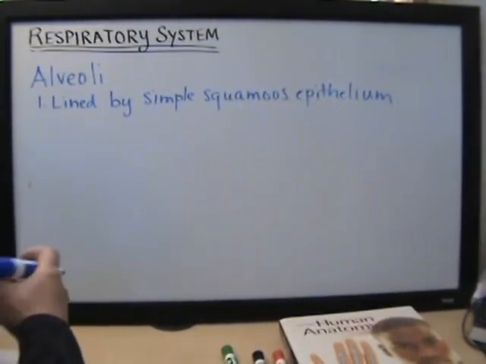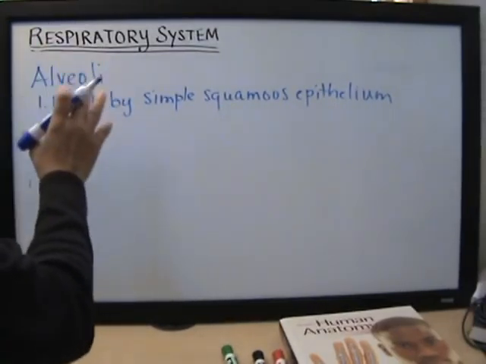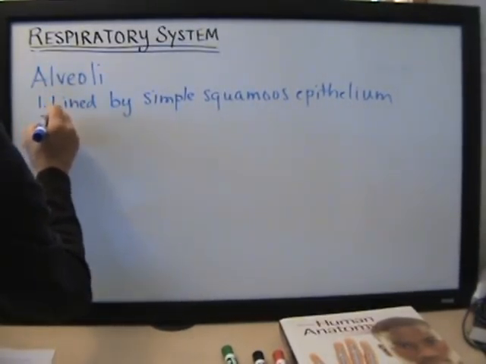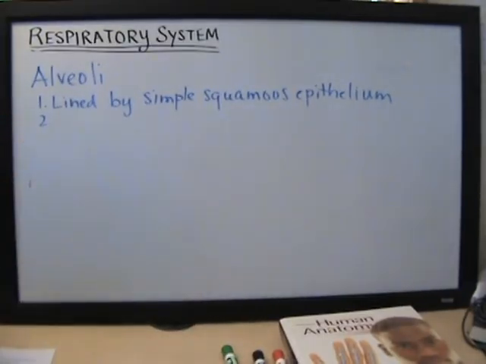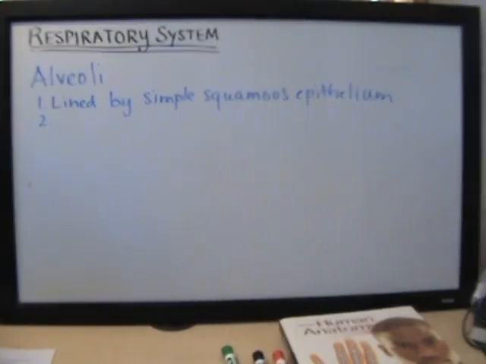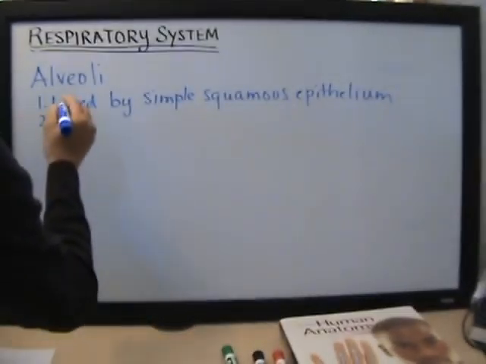There's a great network of capillaries around the alveoli, which you would expect because you have to exchange gases with the blood. And so it's really made for that purpose. There are about 300 to 400 million alveoli per lung, so there's a lot.